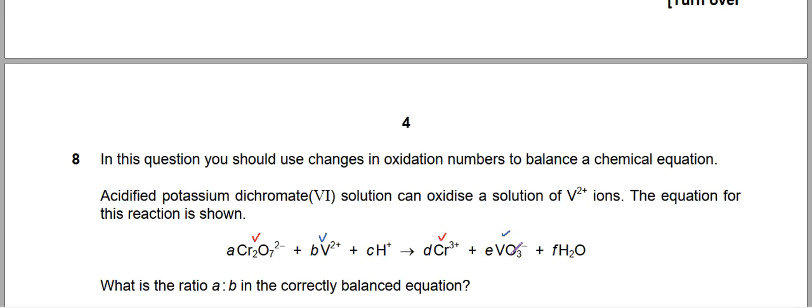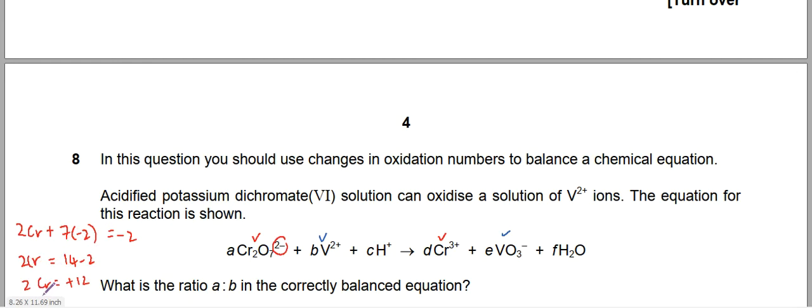The first thing we can do is work out the changes in oxidation number. For chromium, as usual, we take 2 chromium plus 7 oxygen, where oxygen is negative 2. Once we rearrange, 2 chromium equals 14 minus 2, so 2 chromium equals plus 12.